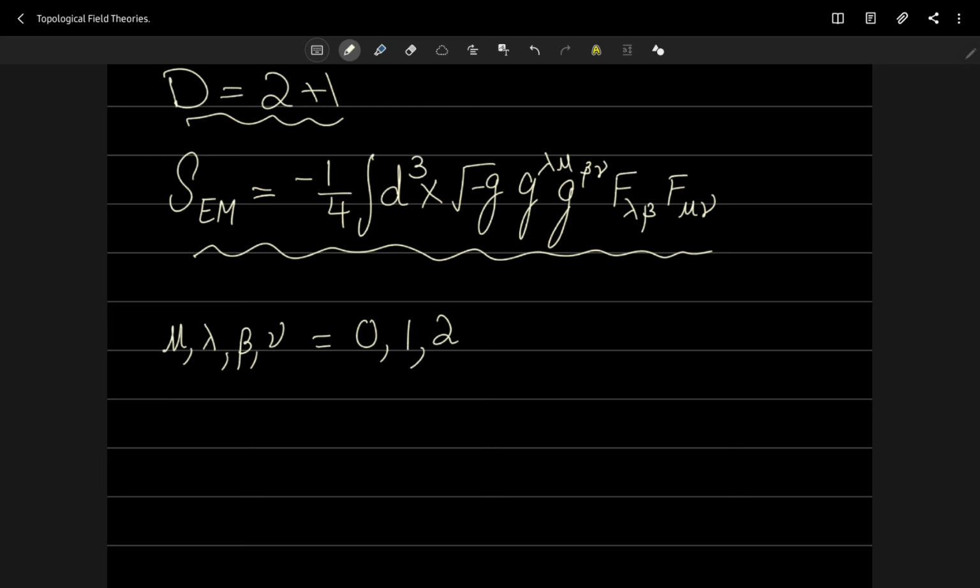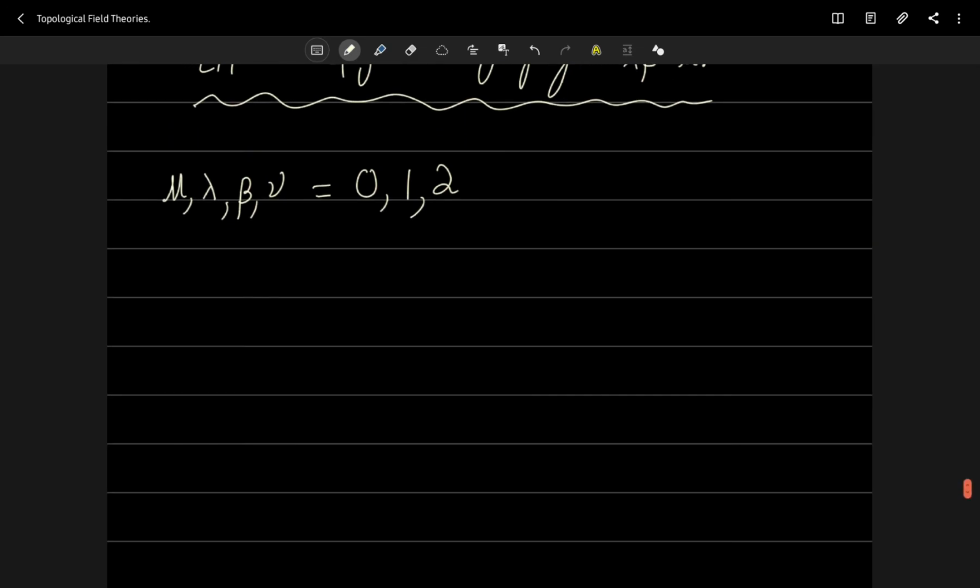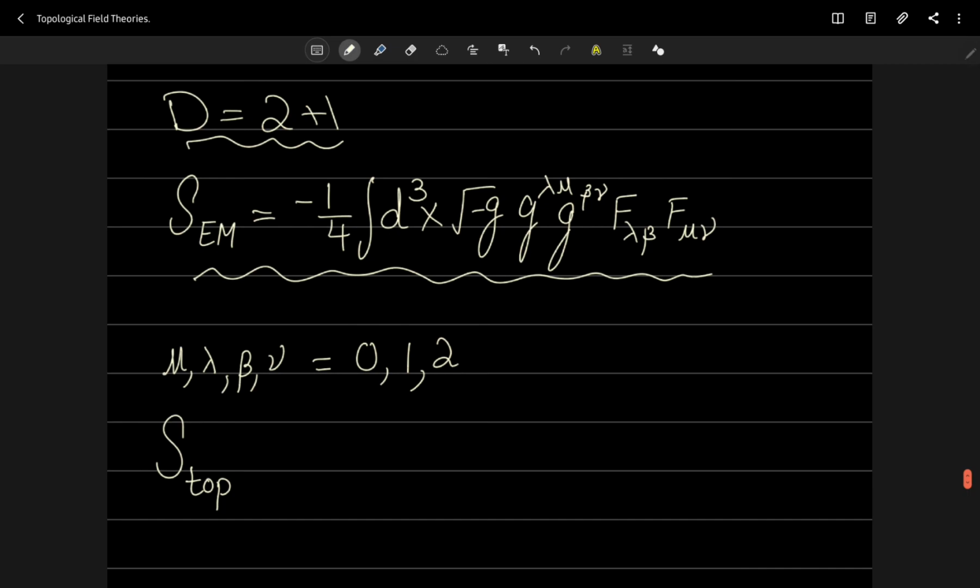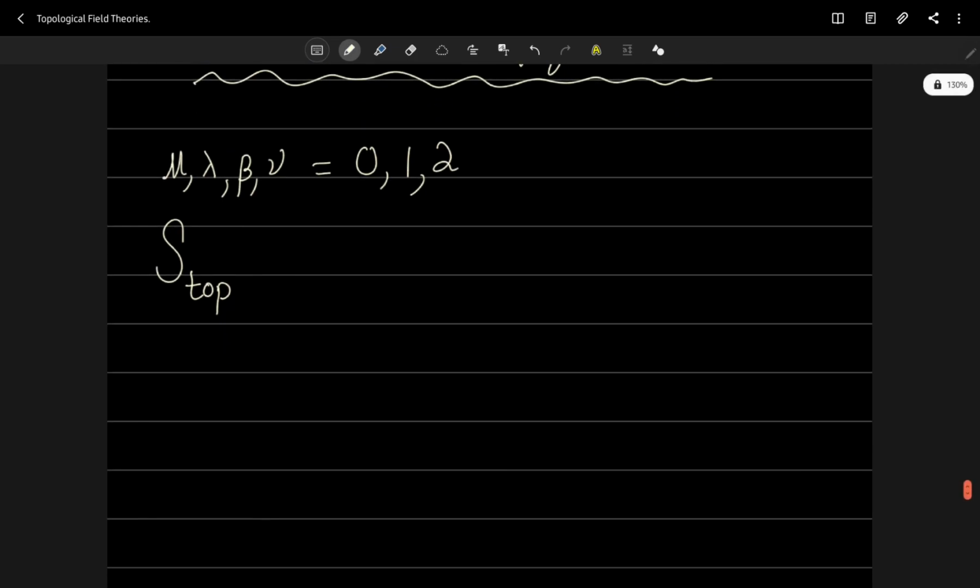And also the number of components will change, right? But for the topological action in this 2+1 dimensions, what we require is something like this, a 3-form instead of this one, right?